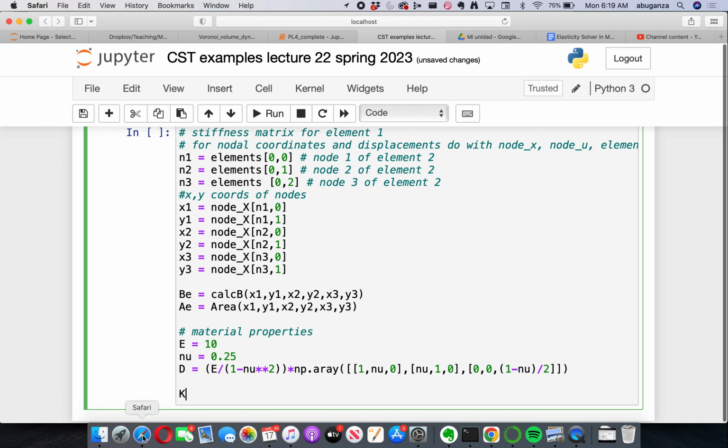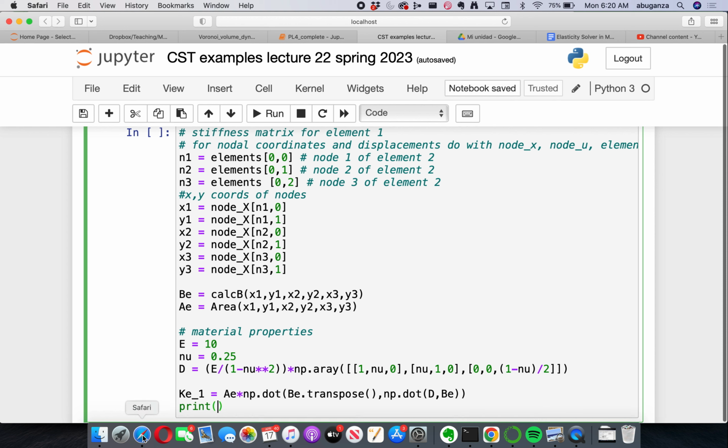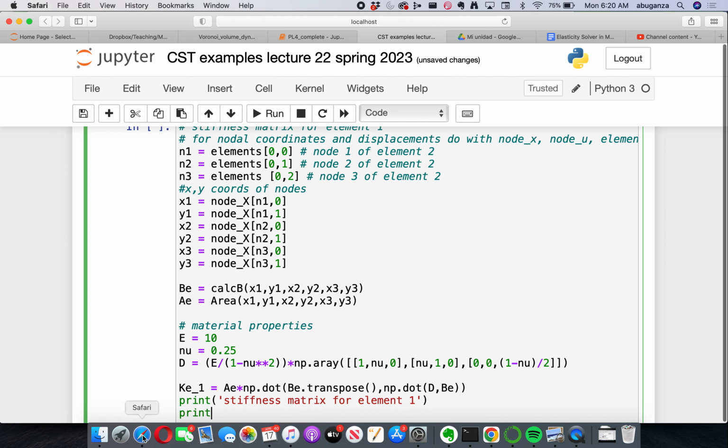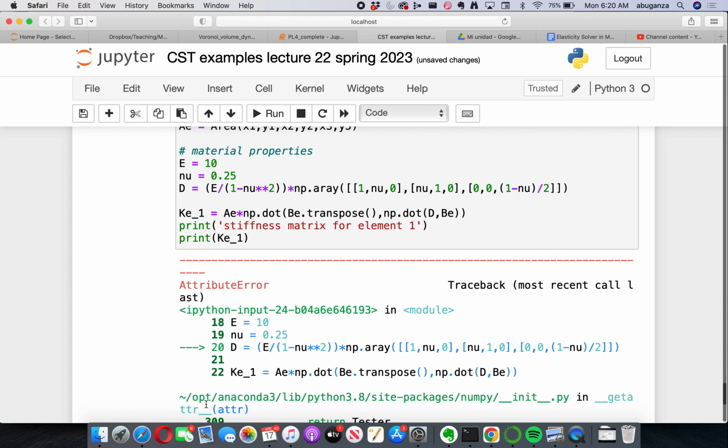So then the stiffness matrix for this element is just np.dot of B transpose and then np.dot of D and B, and all of that times the area. Okay, E1. And let's see where I messed up.